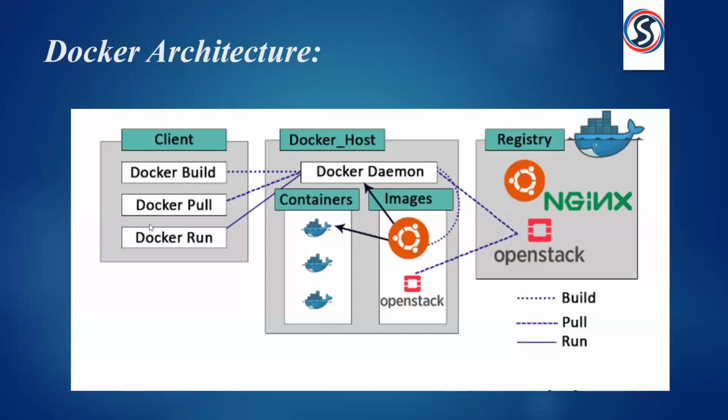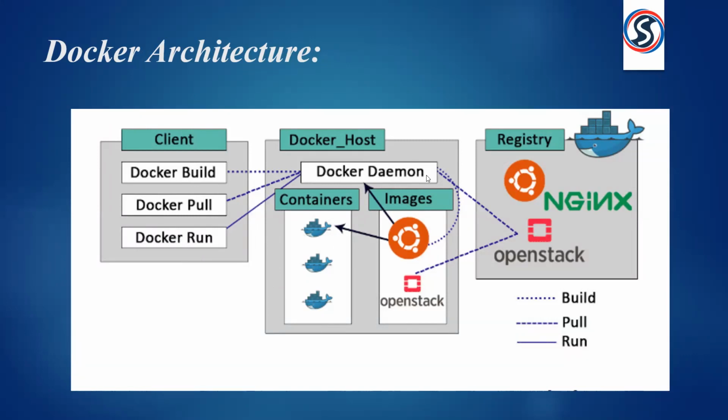Also, suppose the client is in the host system and you want to use the Docker daemon in some remote server, some remote host, you can do it. And this Docker client and daemon communicate using a REST API, over Unix sockets or a network interface.